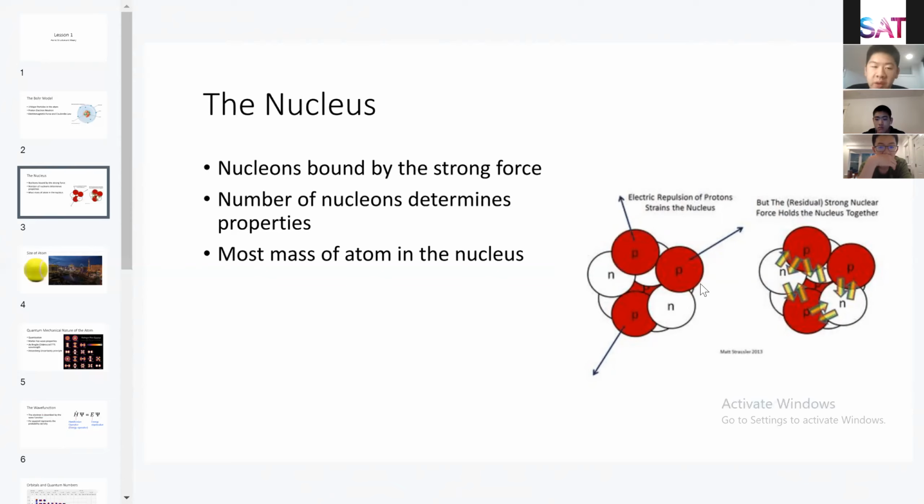So if you want to determine the mass of an atom, all you have to do is add the number of protons plus the number of neutrons. Basically the total number of nucleons will give you a rough estimate of the amount of mass in the nucleus.